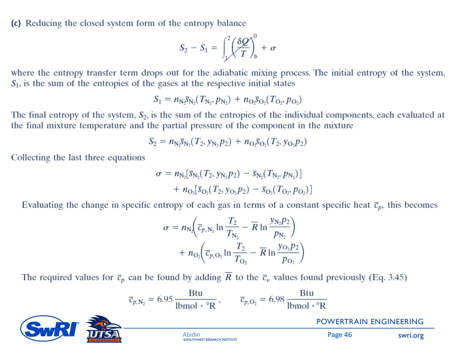The last question is the entropy production due to this mixing process. This is the entropy balance equation, I believe from chapter 6. There is no heat transfer with the surrounding, so the first term on the right side drops out.